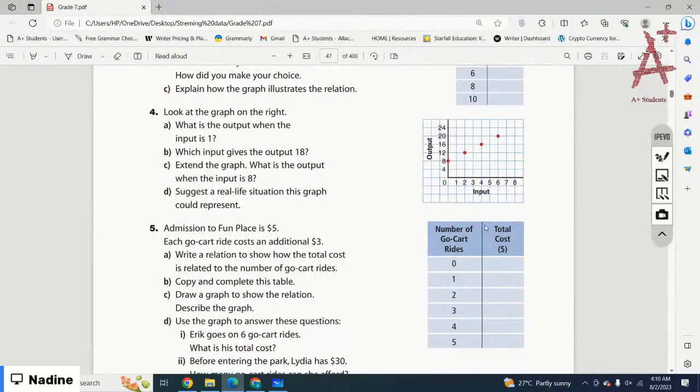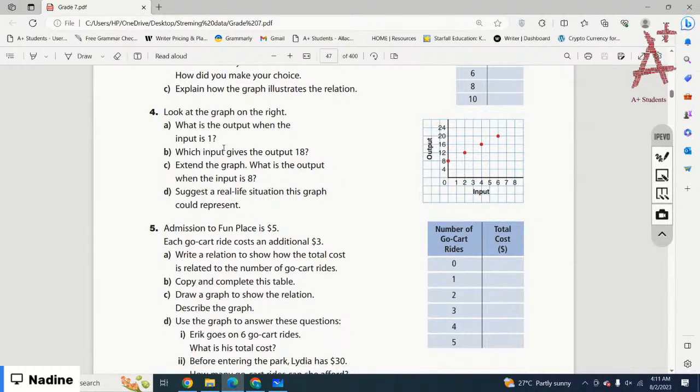Just go there and match the value. When x is 1, output is 4, right? You can see the intersection of 1 and this point.